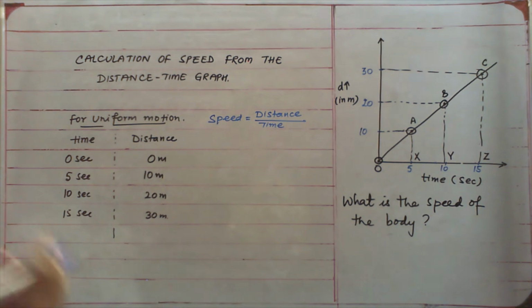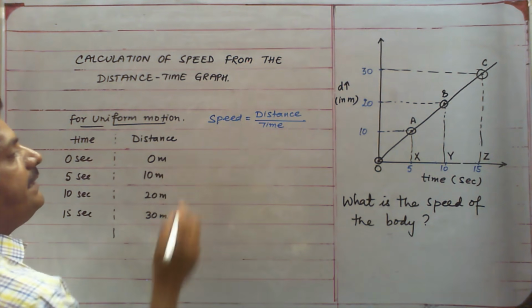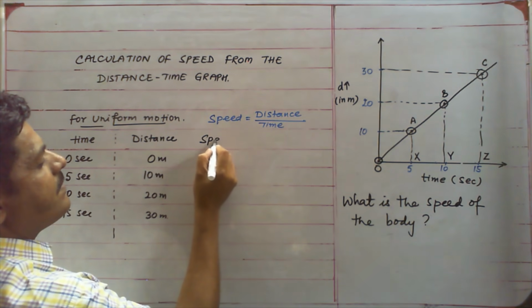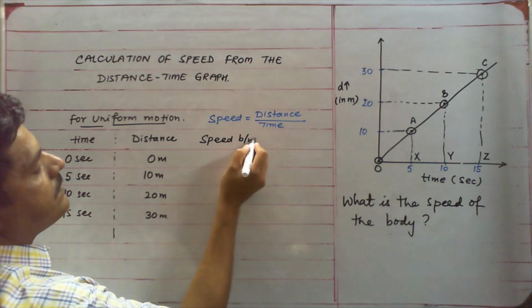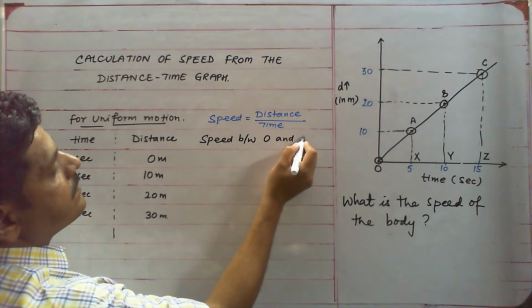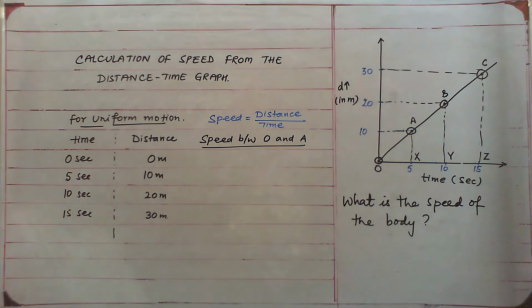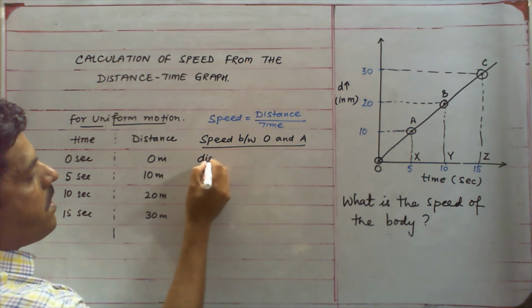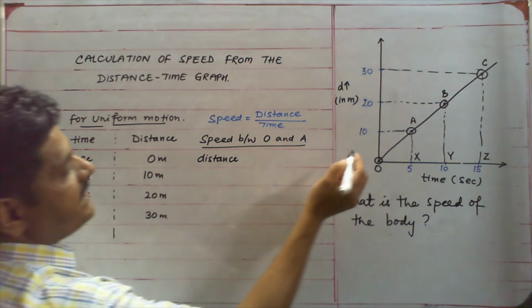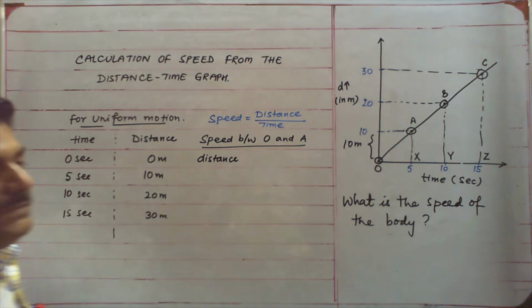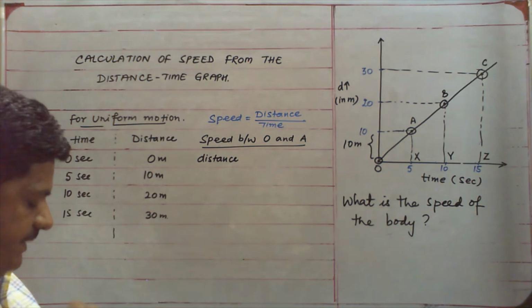So if I want to find out the speed of the body between O and A, so let us say speed between O and A. What is the distance? Distance is 10 meter. This is the distance travelled, and what is the time?